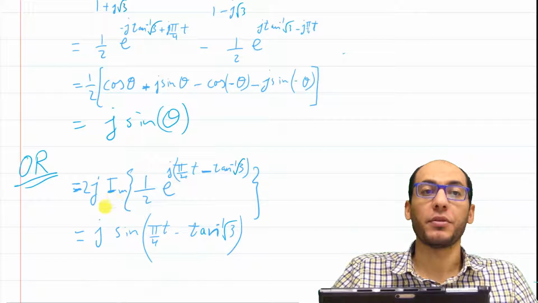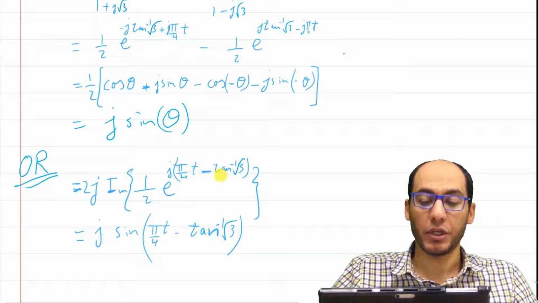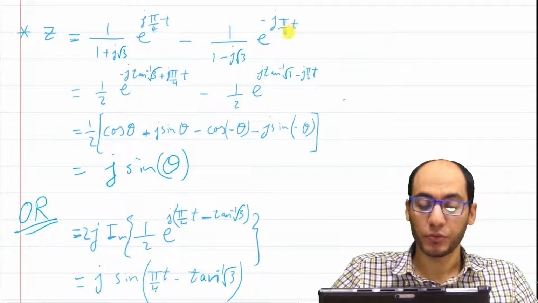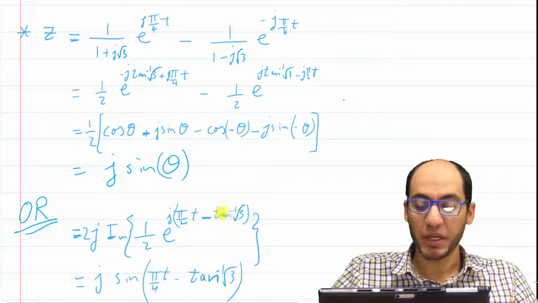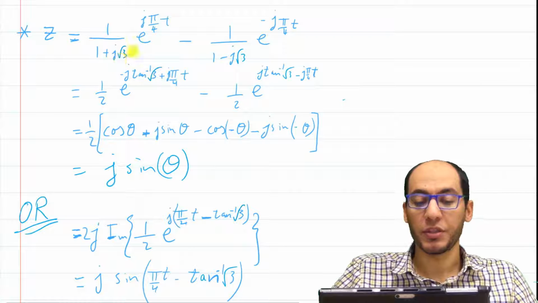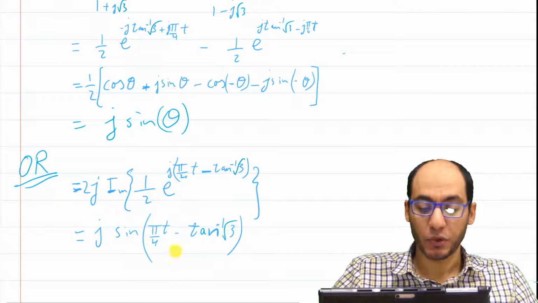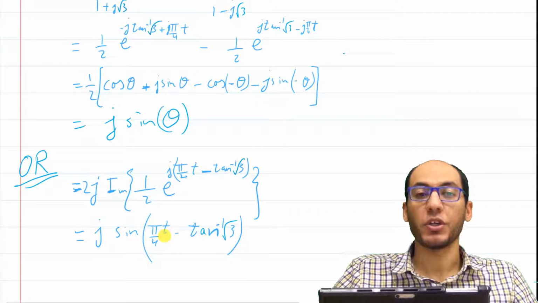So that's why I applied the formula over here, using this shortcut, which is pi over 4, that's the phase, multiplied by t, coming from this number in particular, minus tan inverse of square root of 3 coming from this phase, and this becomes the final answer. And this final answer is in terms of t. I cannot simplify it any further.